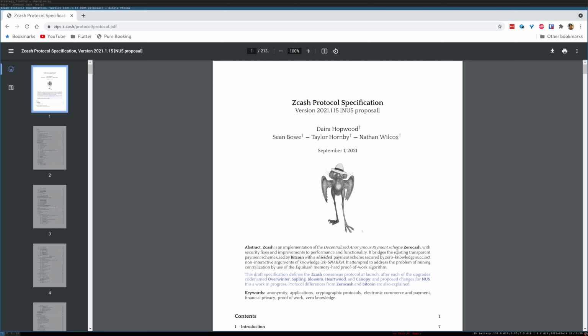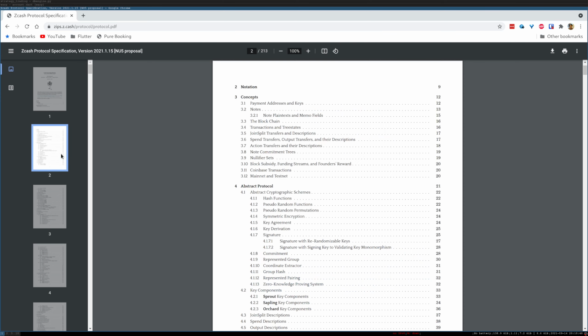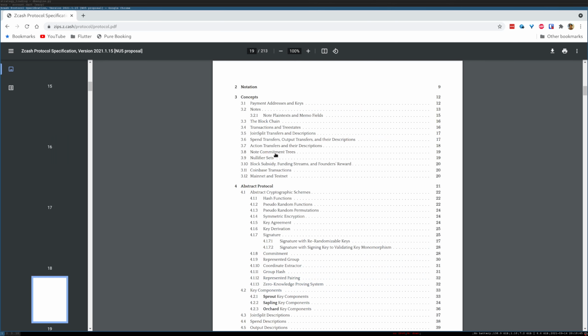The last thing we talked about was the Merkle tree. So let me bring back the little diagram that they had. This guy, the node commitment tree.